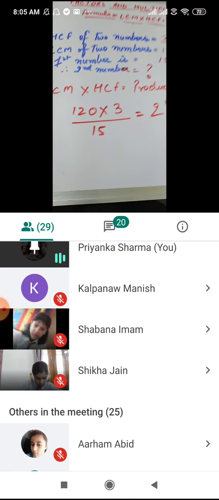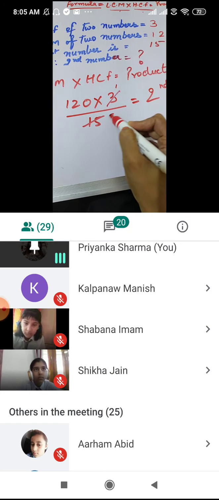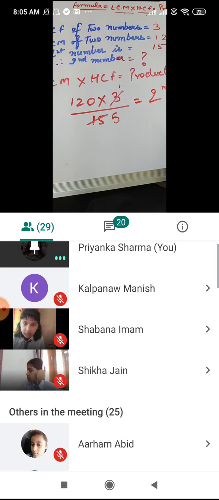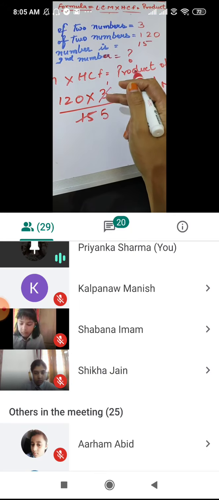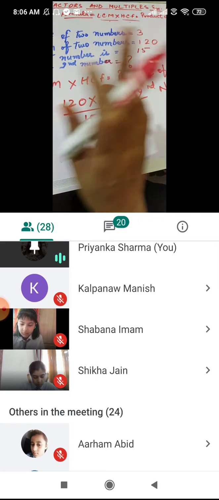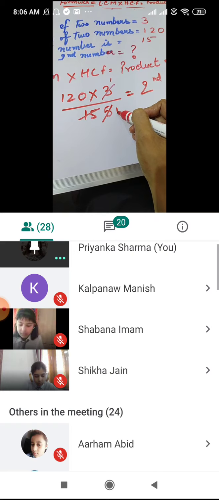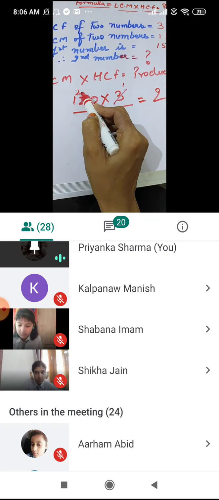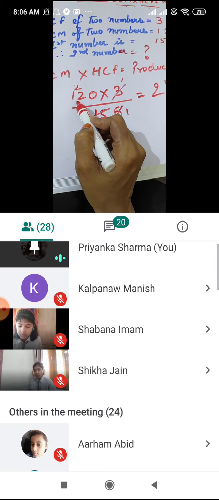Okay. Now solve this. So 3 ones are 3, 3 fives are 15. Gone. And then you know how to cut the numbers. One number in the numerator we cut, another number in the denominator we cut, one by one. Then 5 ones are 5 and 5 twos are 10. 2 is left. 12 minus 10, 2 is left.